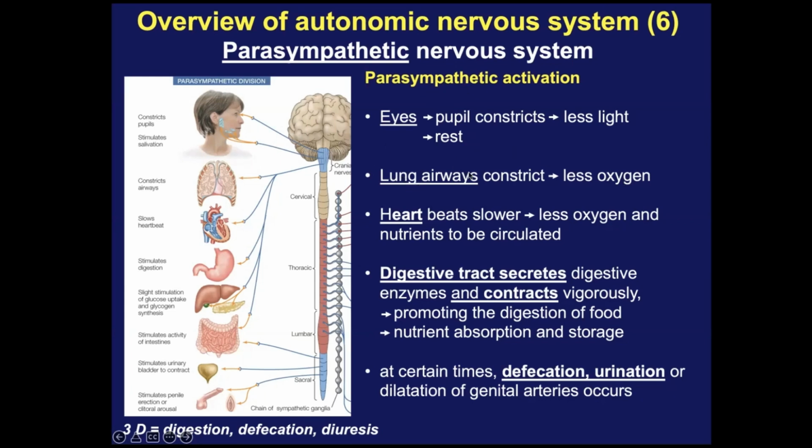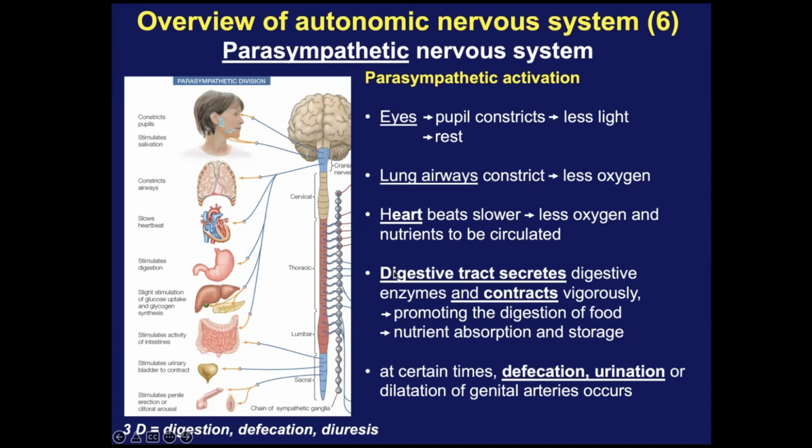And the lung airways also constrict so that less oxygen is taken in, because at rest, the human body uses less oxygen. And the heart beats slower, and less oxygen and nutrients are circulated throughout the body.